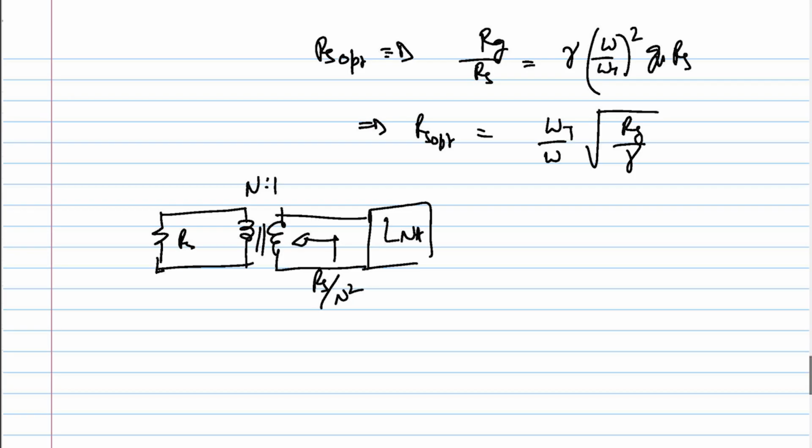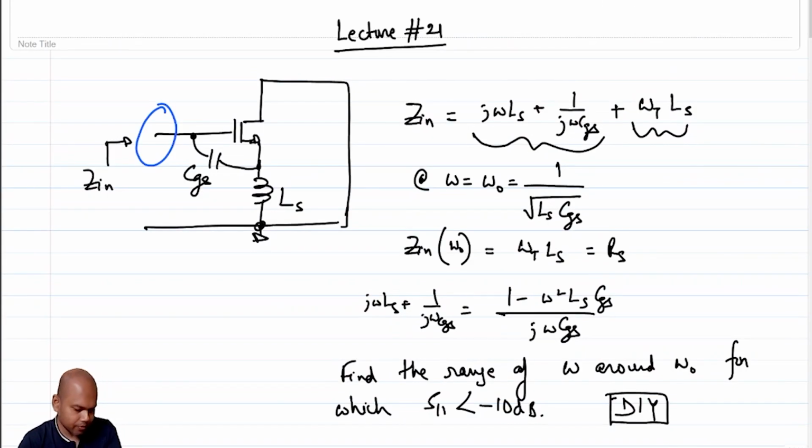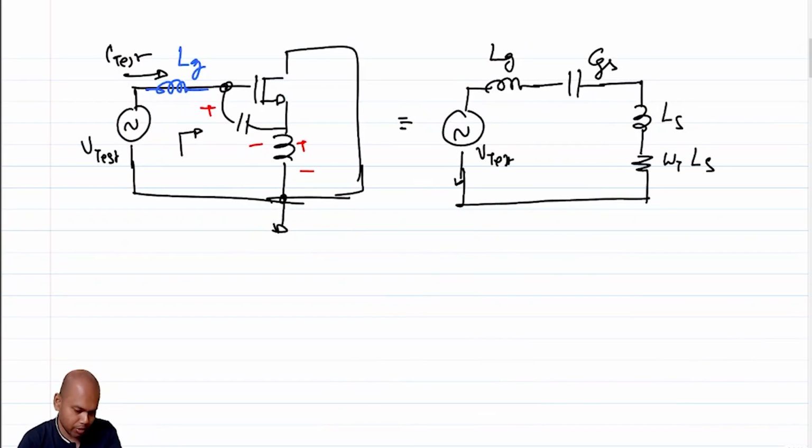So a quick recap of what we did today. We essentially started off from the previous lecture, and what I wanted you to do is to find out for this narrowband LNA, as a DIY exercise, what is the range of omega around omega LO for which I get a match of mod of S11 less than minus 10 dB. It will be a good exercise.